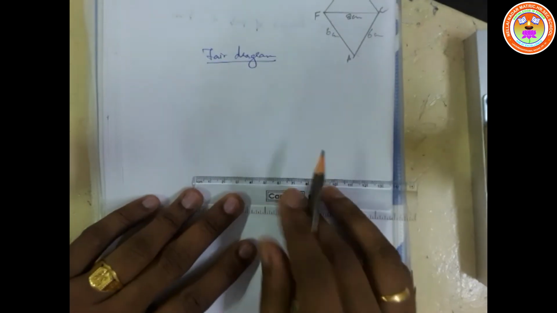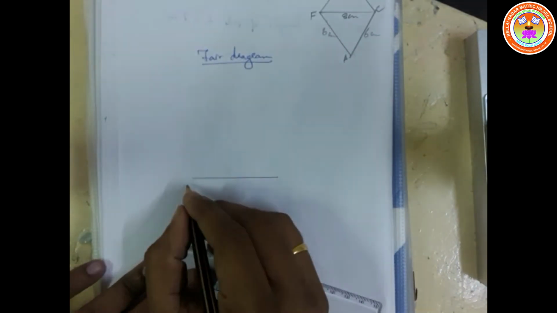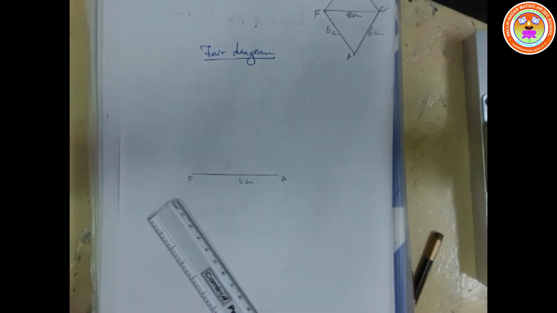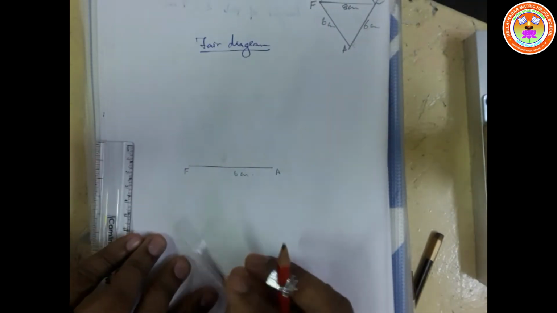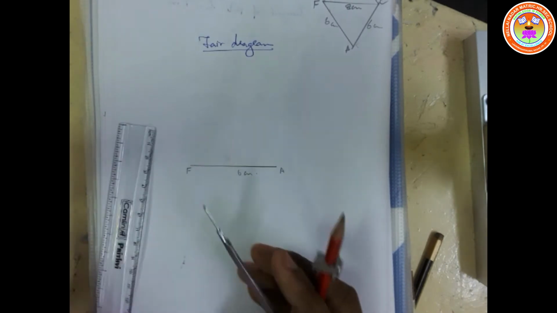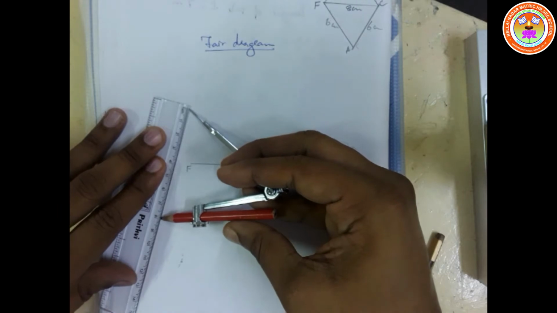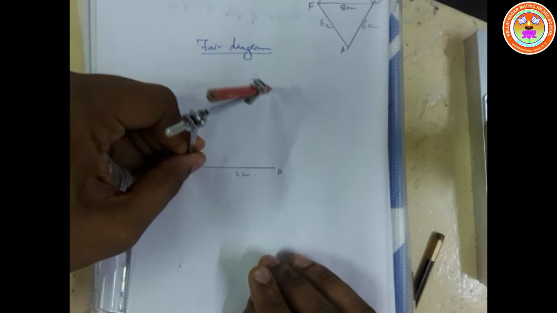For the fair diagram, first you have to draw the 6 cm, that is FA equal to 6 cm. After that, take the compass. Now we have to draw FA 6 cm and take 8 cm, that is FC equal to 8 cm, and from F draw an arc.